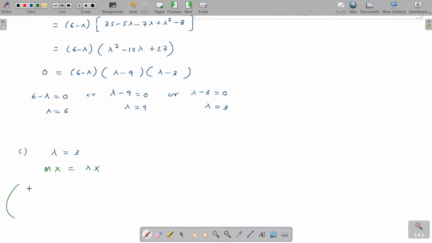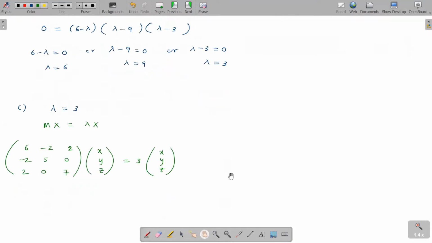How much? Minus 2, 5, 0, 2, 0, 7. Mx. The eigenvector will be a column vector with 3 elements, x, y, z. Lambda is 3 times x, y, z. Are you with me? Let's simplify this equation. Solve and get the values of x, y, and z.